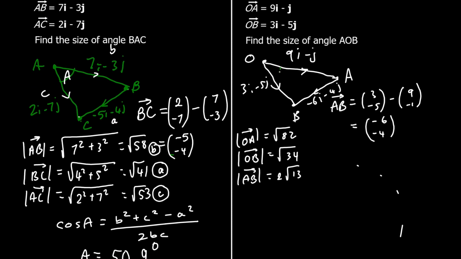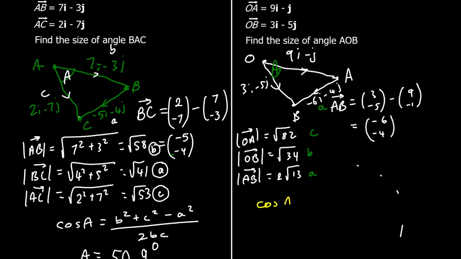So we're working out AOB, so that's big A. Little a is our 2 root 13, AB, and the other two, in any order, are b and c.